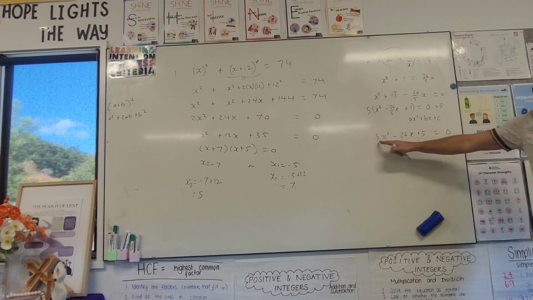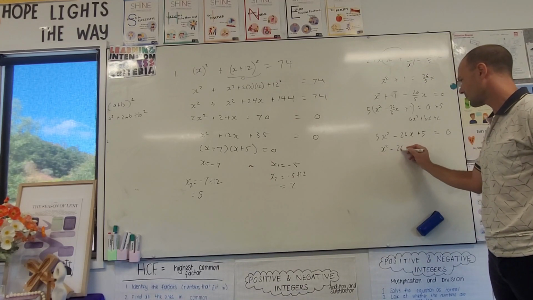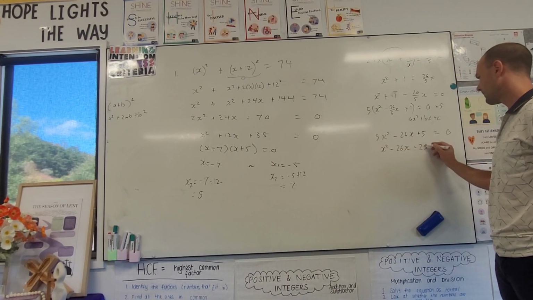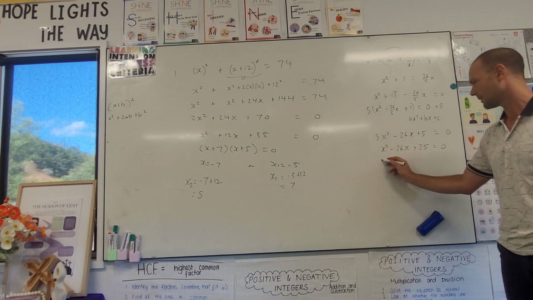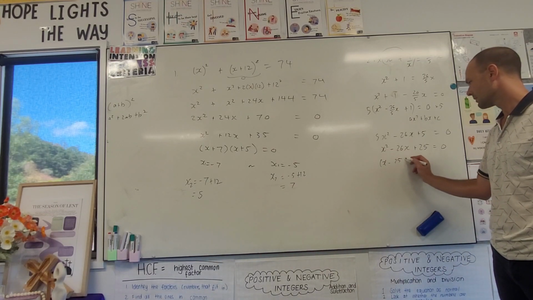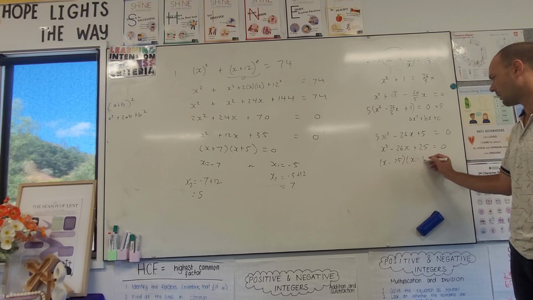So if we multiply through by 5, we'll have x squared take 26x plus 25 is 0. The multiples of 25 that add up to 26 are going to be minus 25 and minus 1.